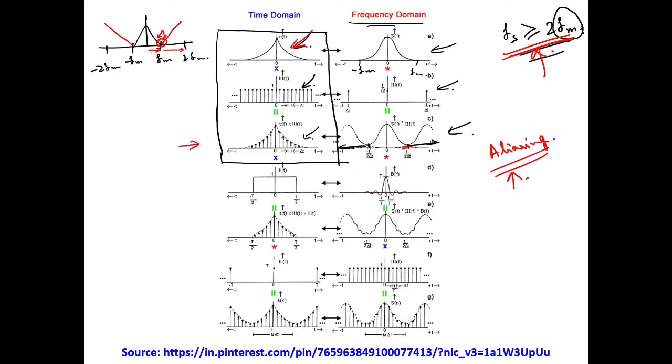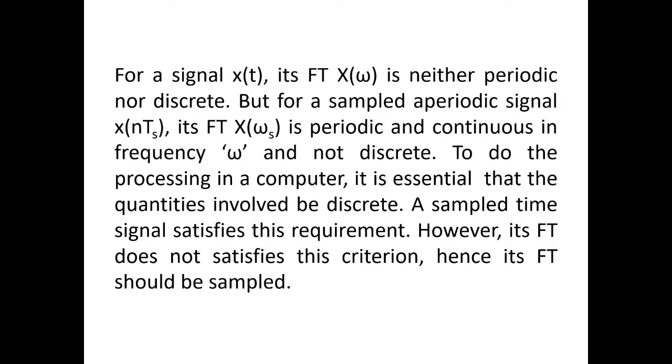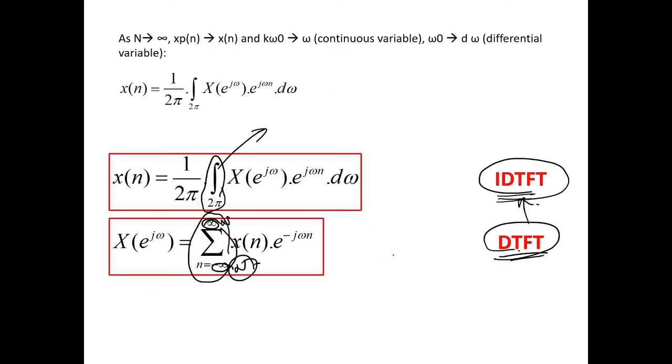So when we have sampled, our frequency components get repeated. Now, if we want to change this to a summation operator, what do we need to do?